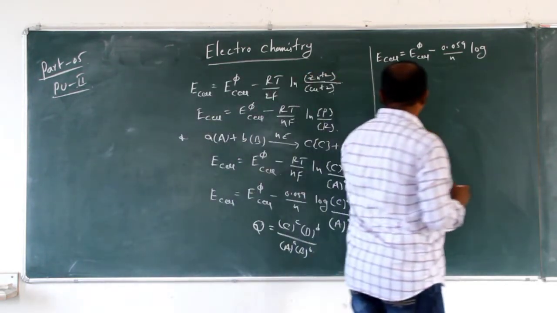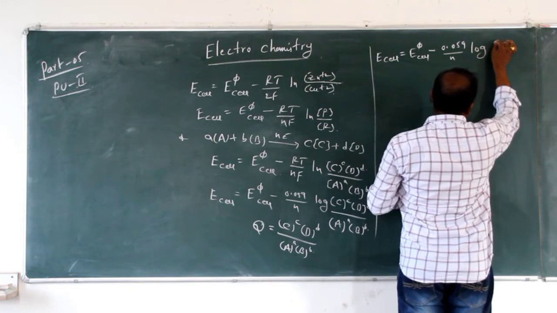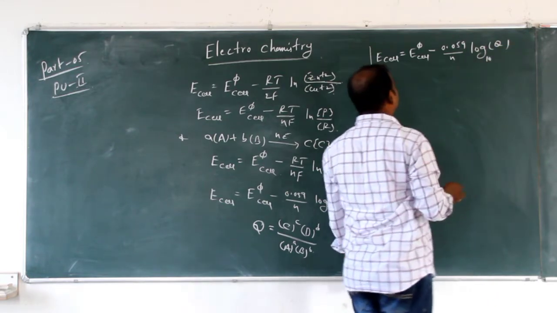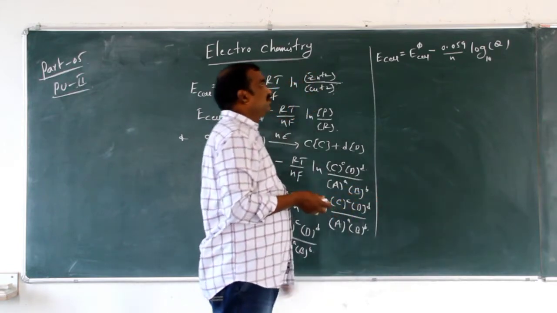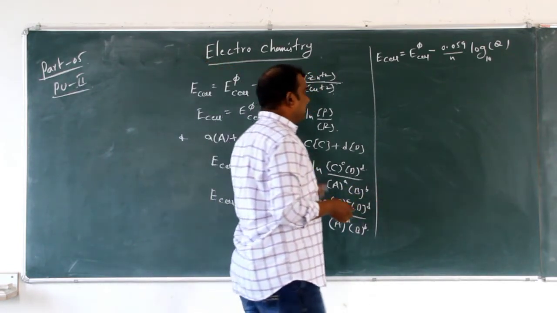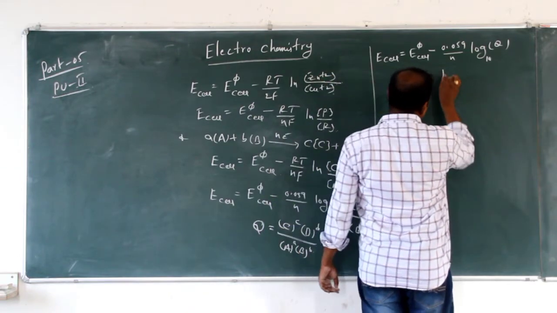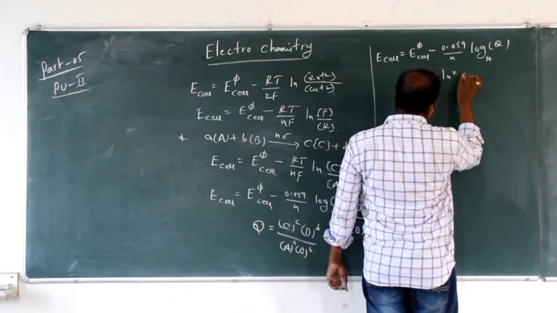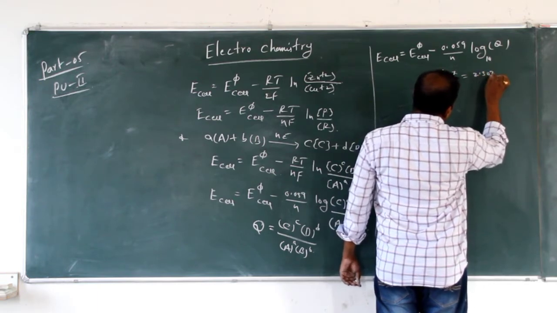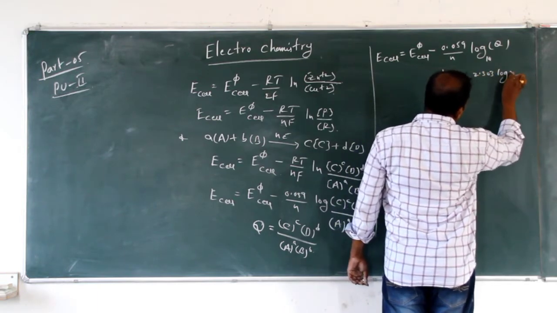So here, if you substitute this value, it is log Q based 10. Why does it become base 10? Because we are converting ln to log. The factor we use is ln x is equal to 2.303 log x.